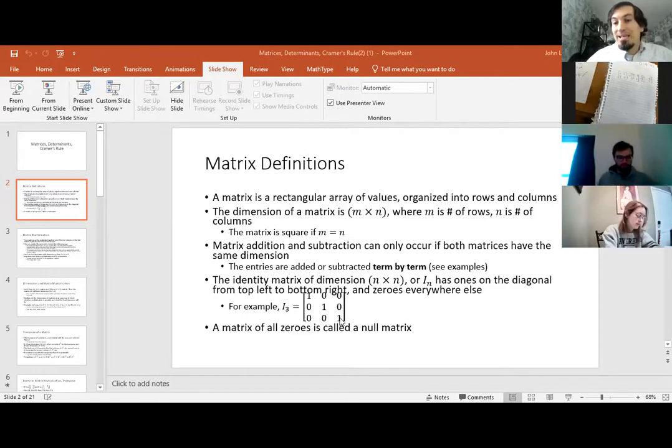There's something called an identity matrix, and the property of an identity matrix is that there are ones in every entry along the diagonal, and there are zeros everywhere else. So a 3x3 identity matrix looks like 1 0 0, 0 1 0, 0 0 1. That's called an identity matrix, and you'll see why that's important later. If in fact the matrix is all zeros, you just call that a null matrix or zeros. Okay, so we have those terms.